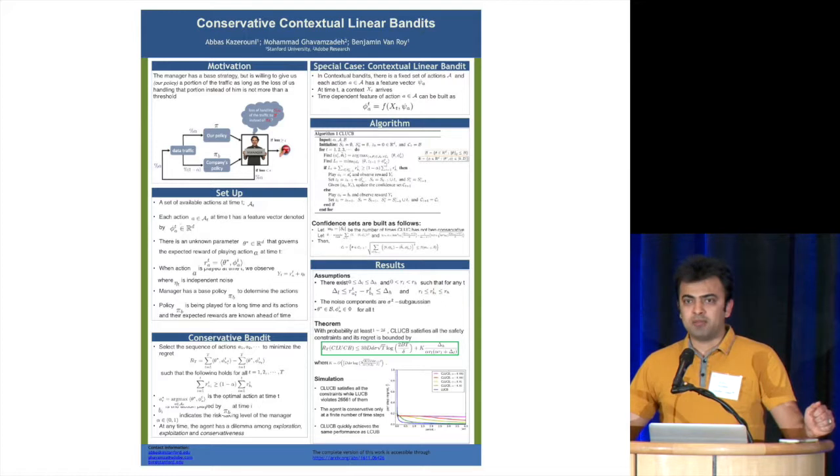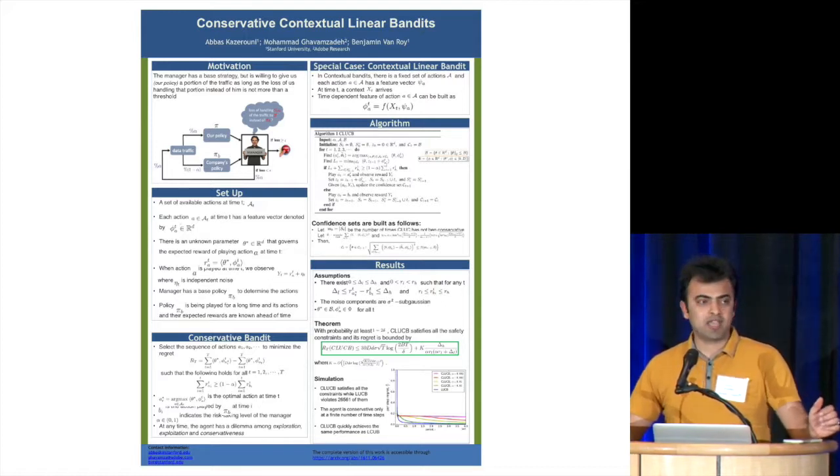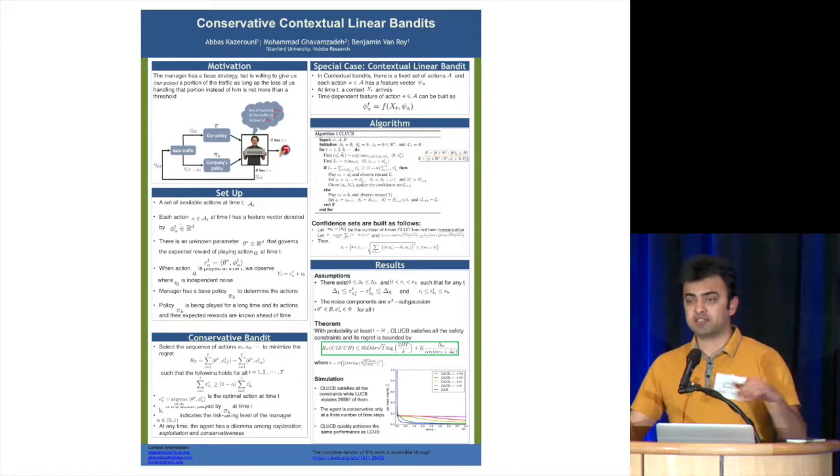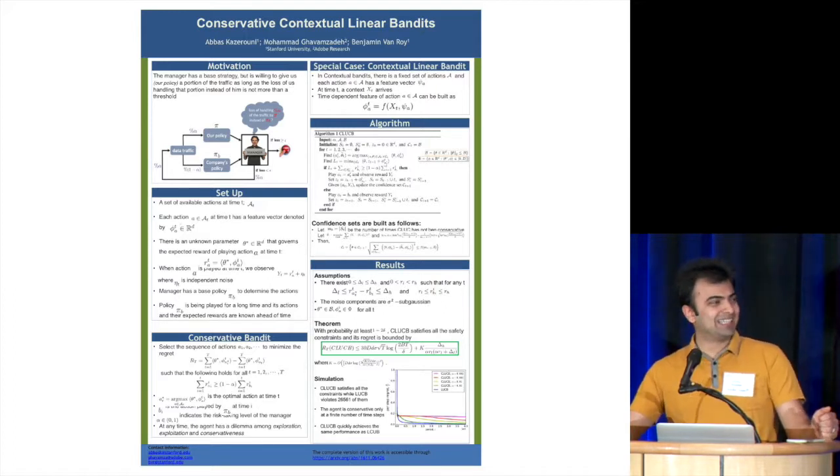They try to make a balanced trade-off between exploration and exploitation factors in these problems. And all of them have some initial exploration phase during which they try to explore different actions and try to see different aspects of the optimal.